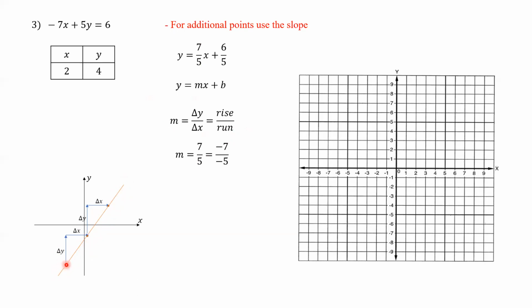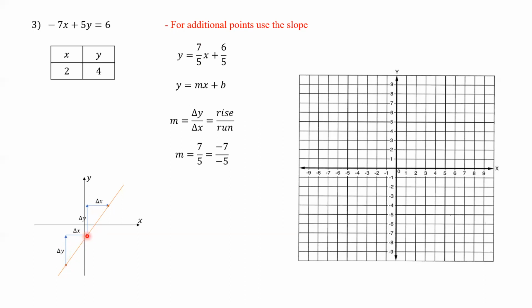Now from that point, if I start performing the steps described by my slope, what does it mean? If I move delta y units in a vertical direction and then delta x units in a horizontal direction, I will end up at a point on my line again.